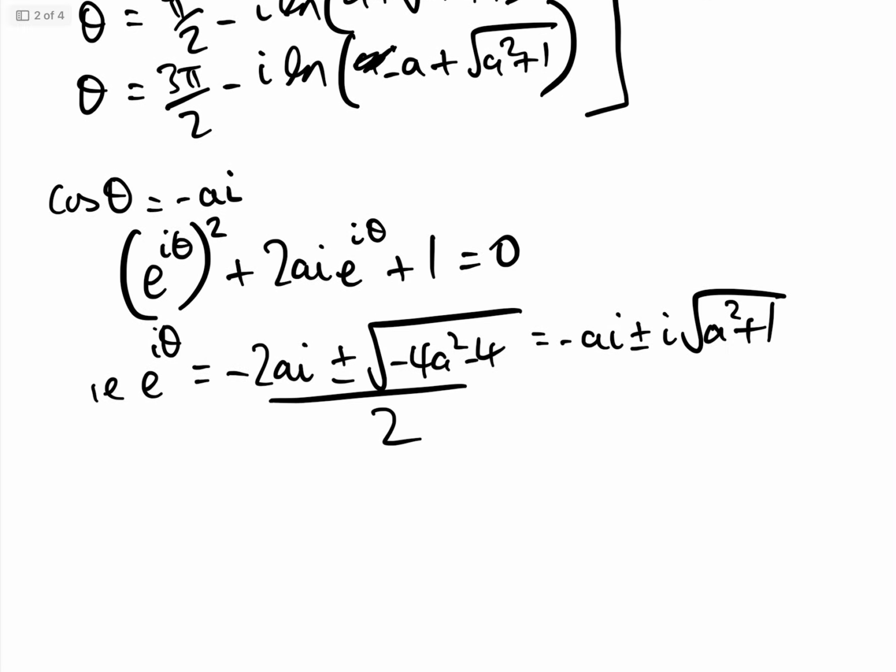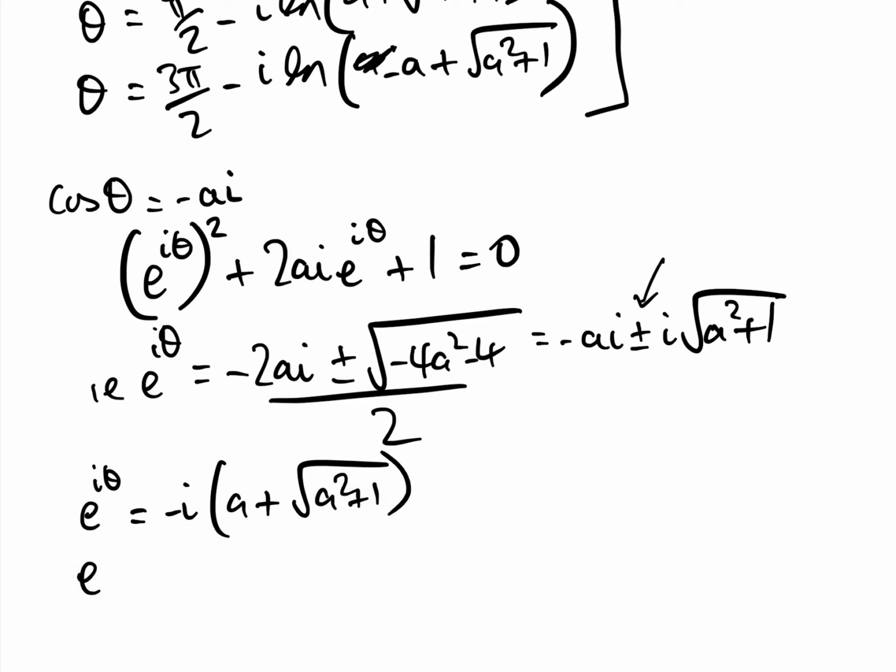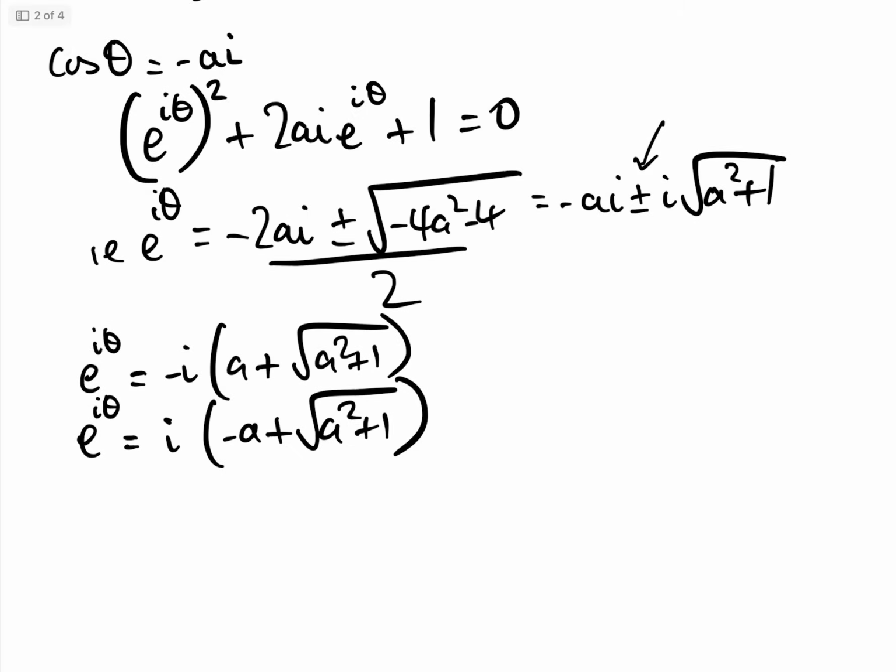And again, we have to split here into 2. So we've either got e to the I theta equals, taking the minus I out, a add root a squared plus 1, and e to the I theta equals, taking the I out this time, minus a add root a squared add 1.